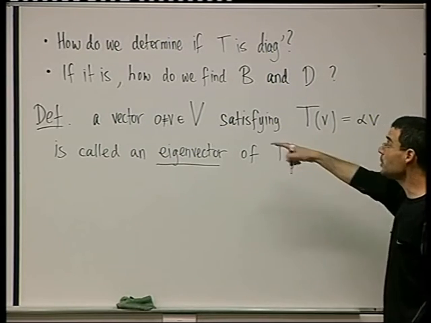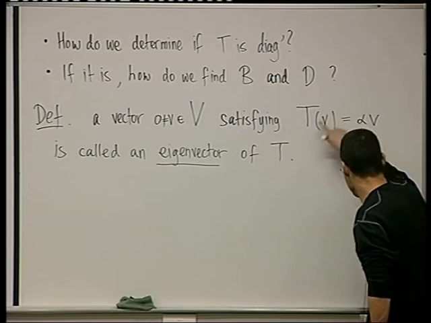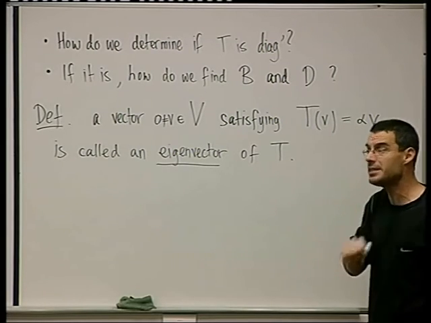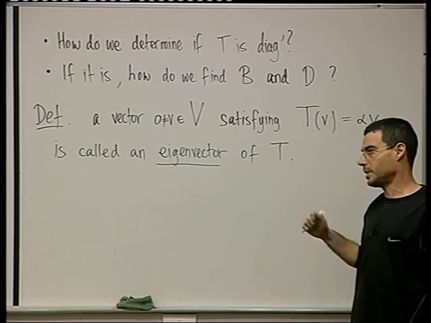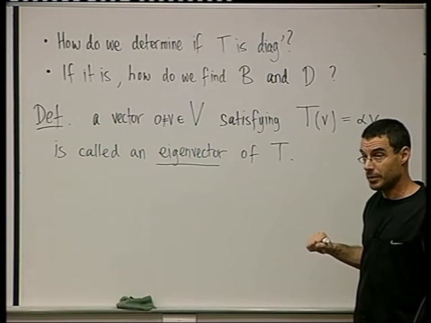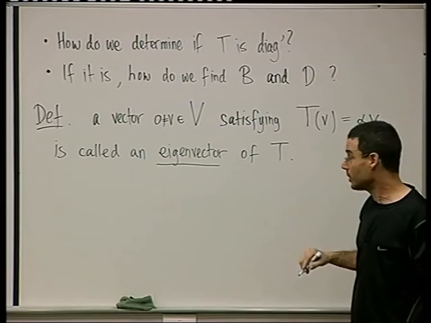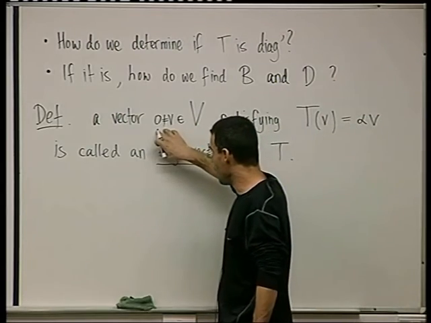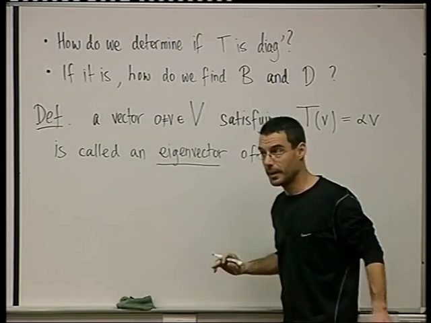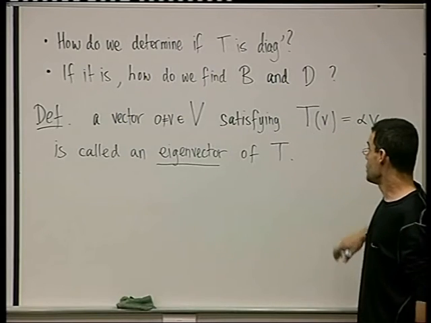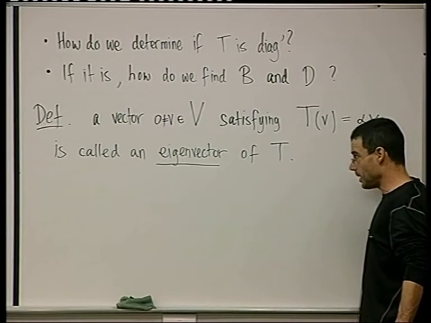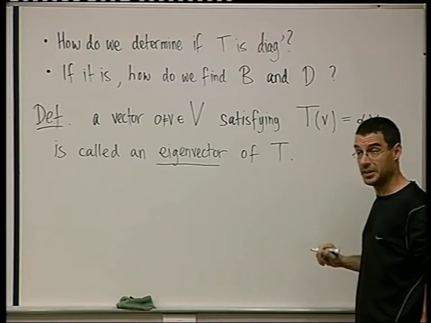But 0 is not interesting because we want vectors like this and we want to construct a basis from them. And 0 cannot be a basis element. We want linearly independent vectors. So we're throwing 0 out of the definition. Good? So a vector satisfying this property, which is what we're seeking, is called an eigenvector.